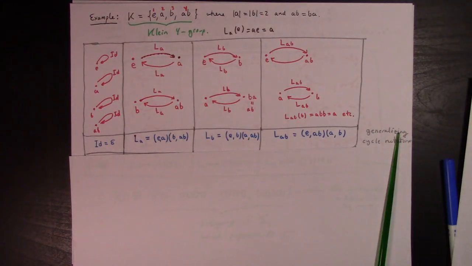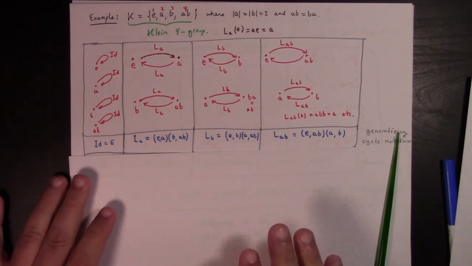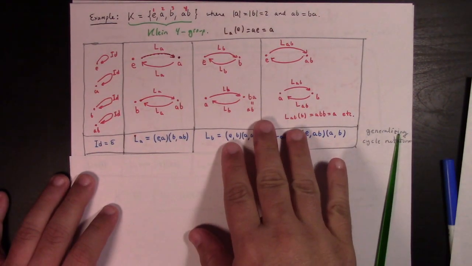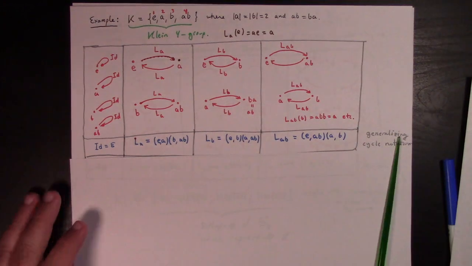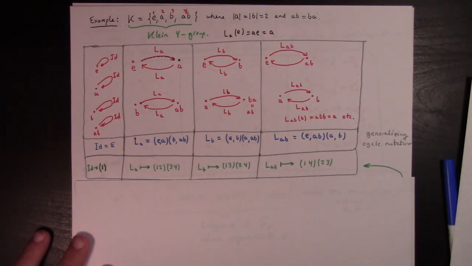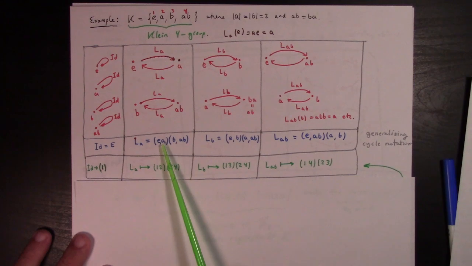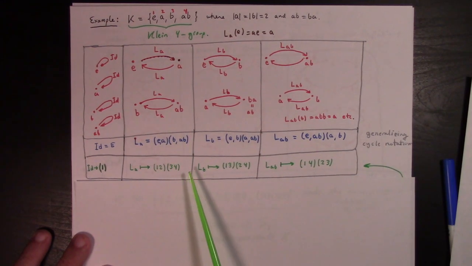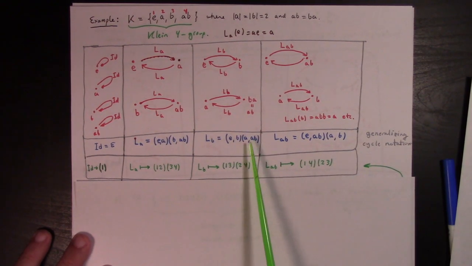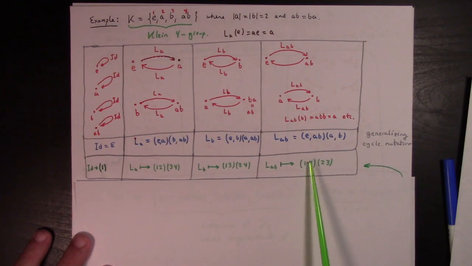And so if I think about those as group members 1, 2, 3, and 4, then that suggests the following isomorphism. I map the identity, the left multiplication map by E, to the 1. I map this to the (1 2 3 4) cycle in S4. I map this to the (1 3 2 4) cycle. I map this to the (1 4 2 3) cycle.